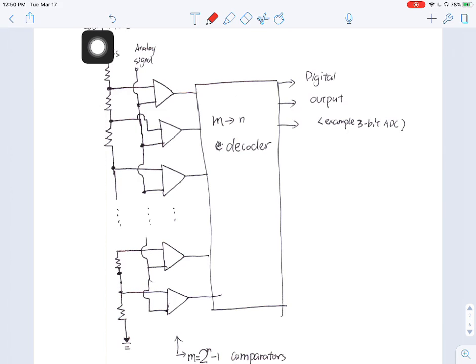You have high voltage, low voltage, and a bunch of resistors in between, and you have a wire coming out from there. Can someone tell me the name of this circuit, of this application? Just type it out on the chat.